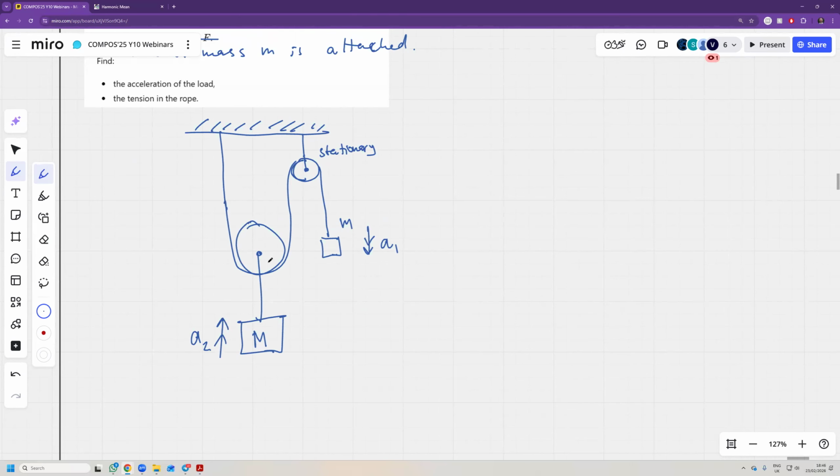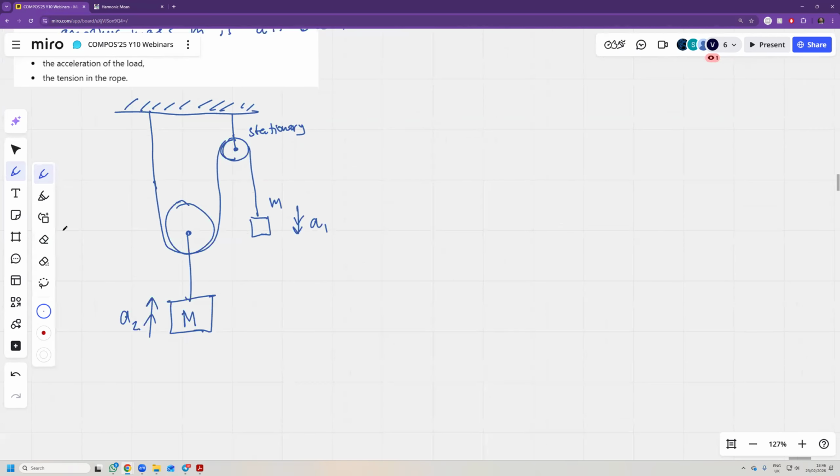So in order to move 1 meter, the rope has to shrink by 2 meters, if that makes sense. So if we pull the rope by 1 meter, this thing moves by 2 meters.